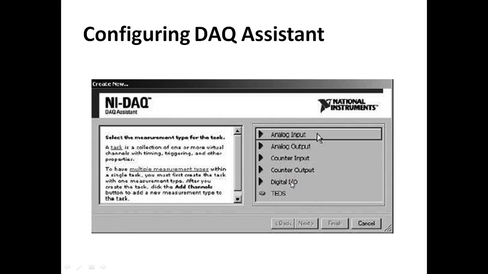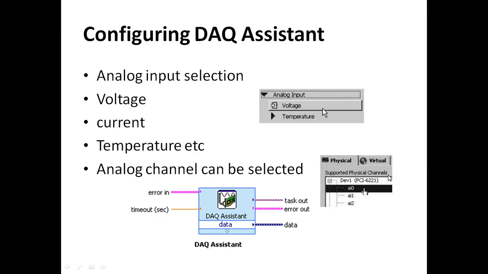According to our application, we have to select which option we need. If we go for analog input, it gives options for voltage, temperature, current and so many other measurements. Directly we can take that option and measure the values.